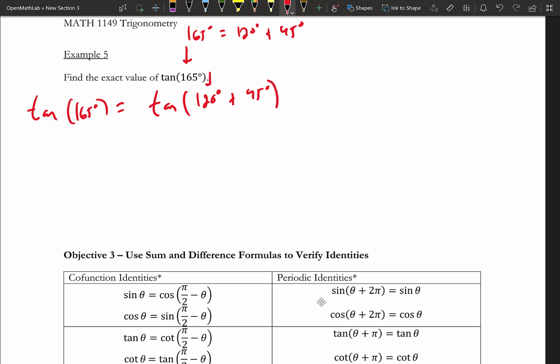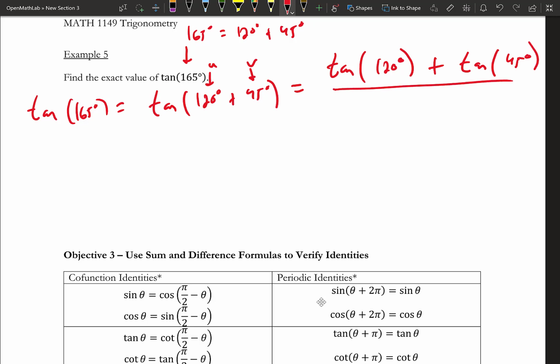This is like my u, and this is like my v, so we want to use that sum formula. What we end up getting is tangent of 120 degrees, tangent of u, plus tangent of 45 degrees, tangent of v, all over 1 minus tangent of 120 degrees times tangent of 45 degrees.